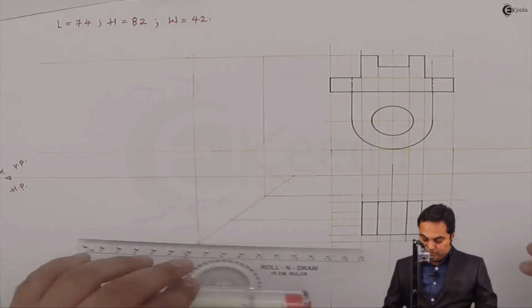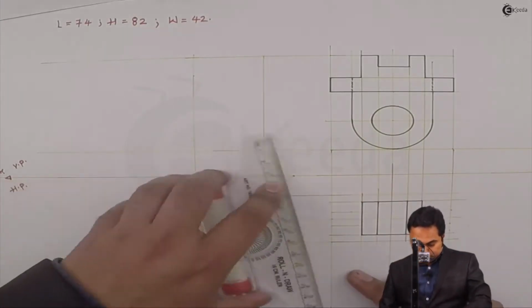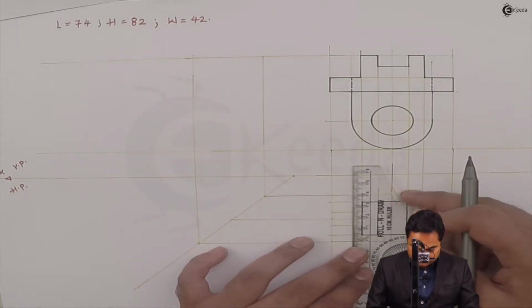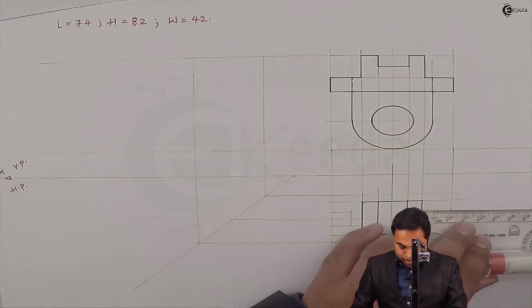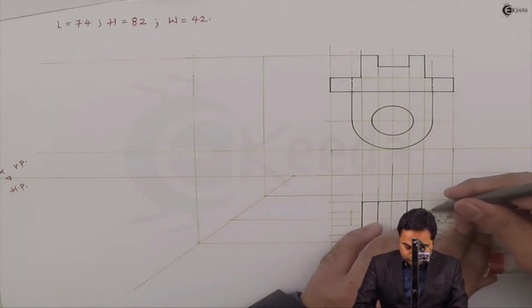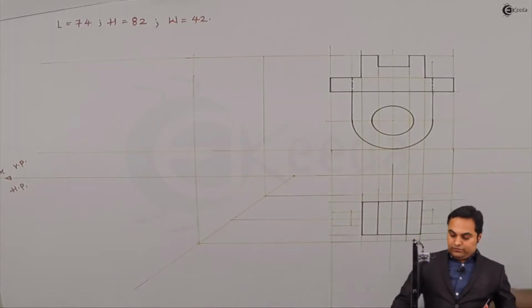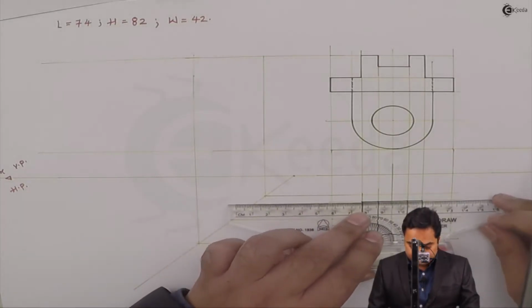Then the surface is 12 mm deep. So this surface, I'll make it dark as it is visible from the top.